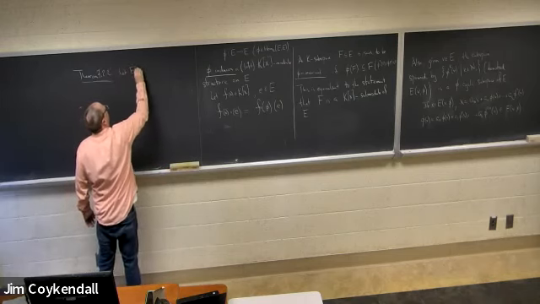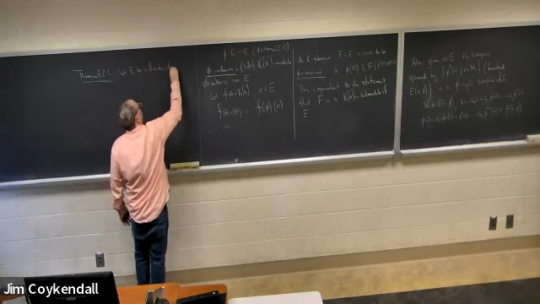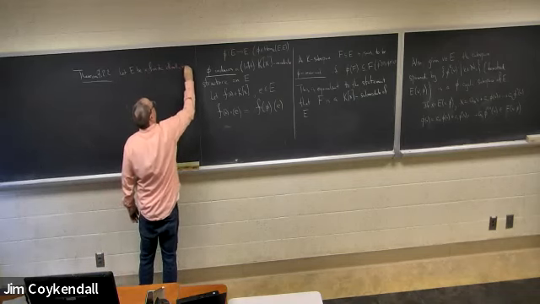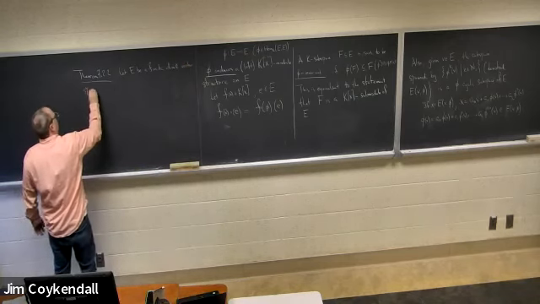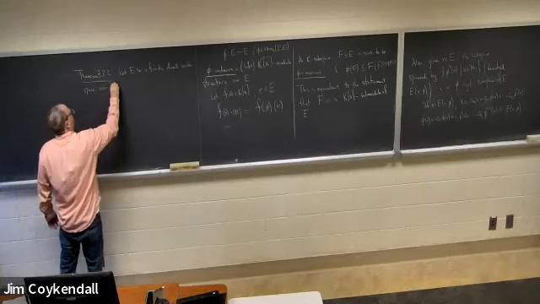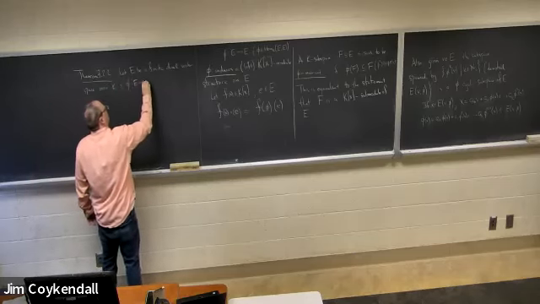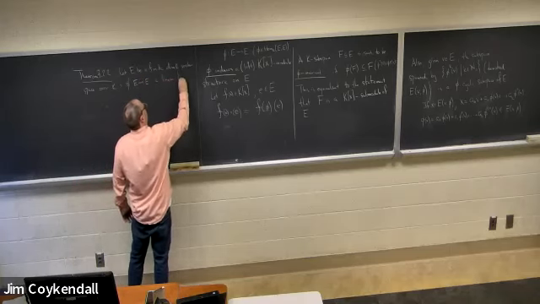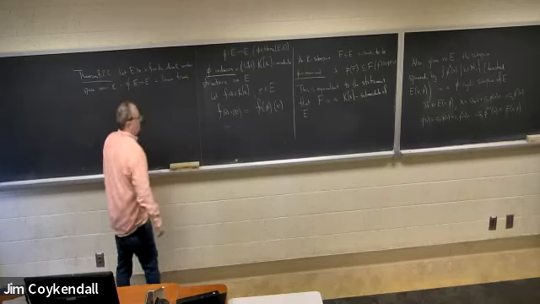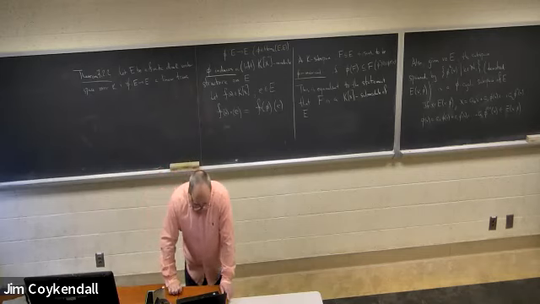Let E be a finite dimensional vector space over K, and phi from E to E a linear transformation. This is going to be similar to the harmonic polynomials.